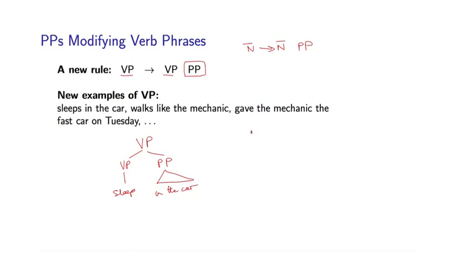Or to give you another example, we could have this VP using a ditransitive verb: gave the dog a ball. And this prepositional phrase could, for example, say on Wednesday.